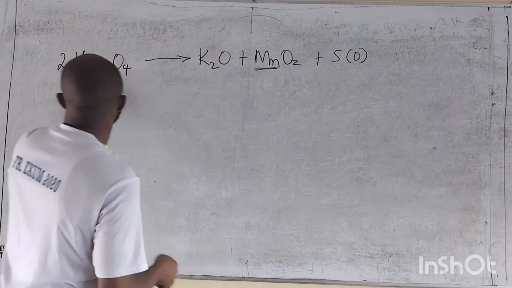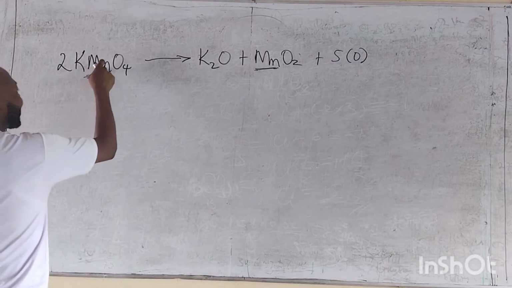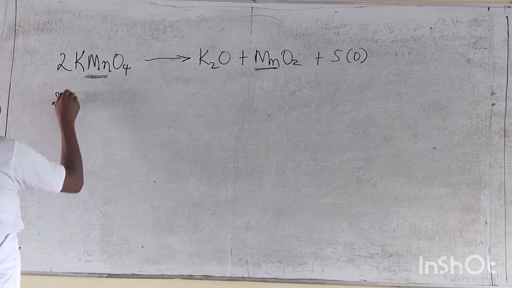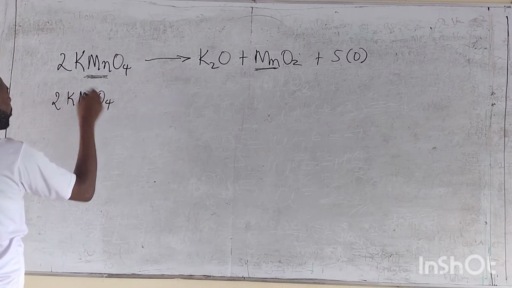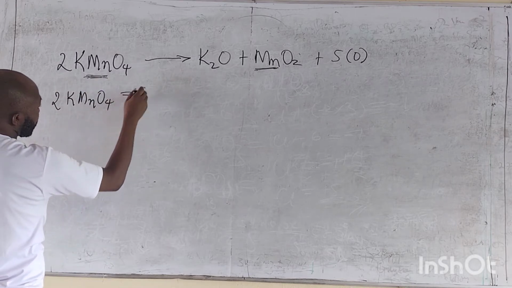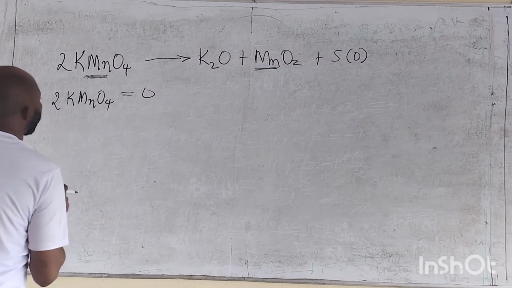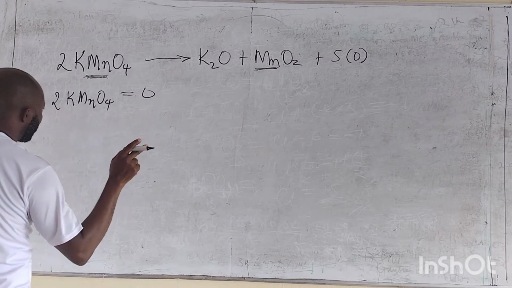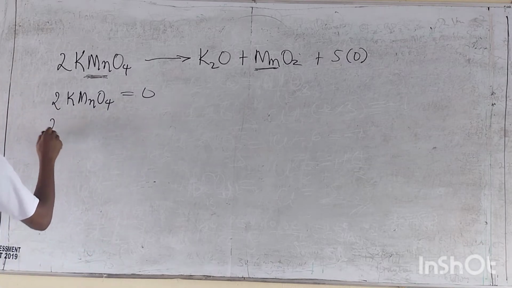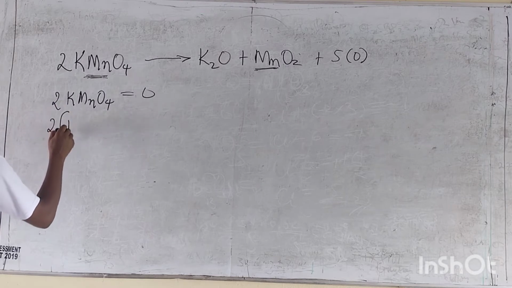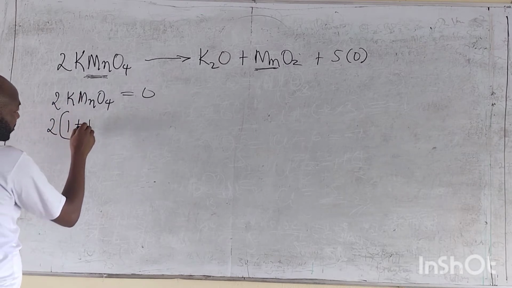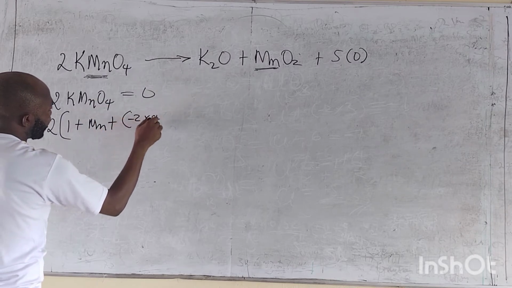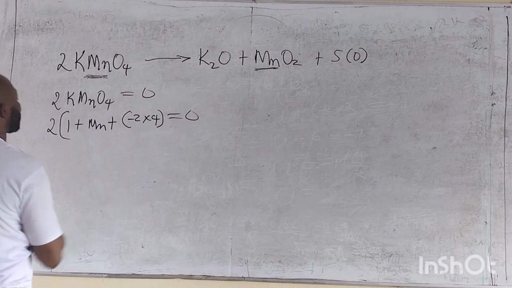So let's start. We'll find the oxidation number of manganese in this compound. So I have 2KMnO4, all of this equals 0. Now, remember, this 2 means every element inside possesses what? 2. Yeah. So I have potassium here in bracket. Potassium is 1 plus manganese plus oxygen is minus 2 times 4, all equals 0.